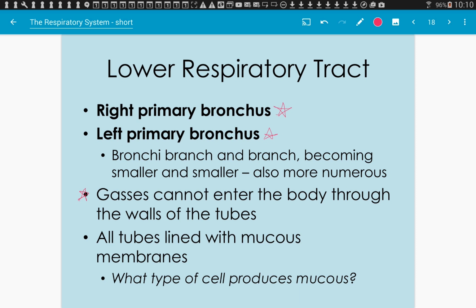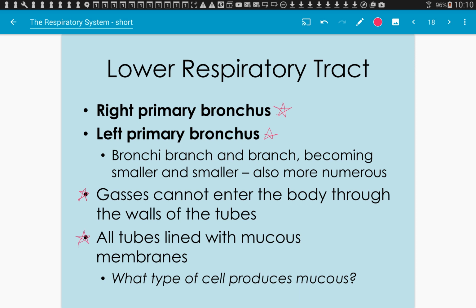It is strictly conduction of air. Remember, Monday we talked about the conduction portion and the respiratory portion. Almost the entire respiratory system is a conducting portion. The very last little bit, the little tube that leads to the alveoli, is where gas exchange occurs. We have discussed this before, and it's good to remember.